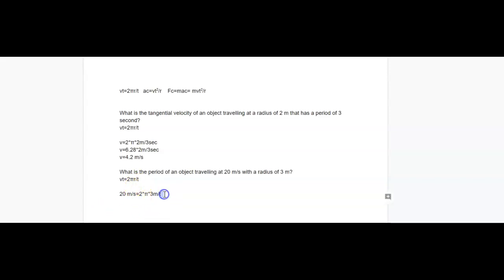First I multiply both sides by t, leaving t times 20 equals 2 times pi times 3, which is 9.28.